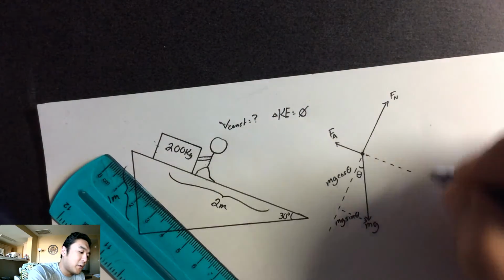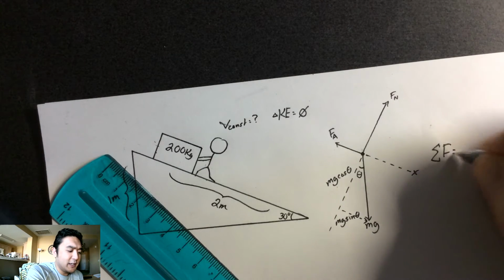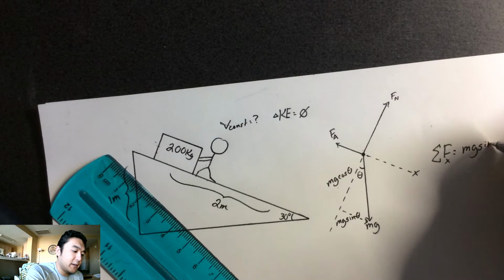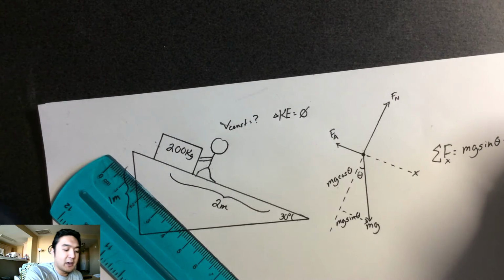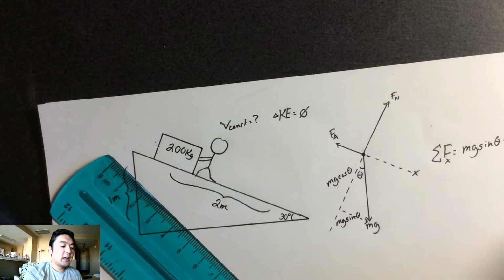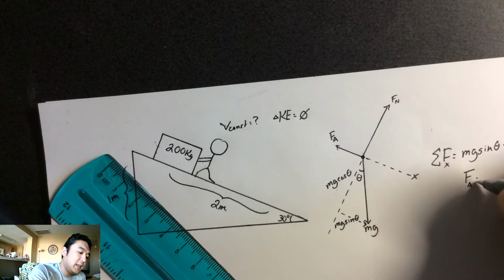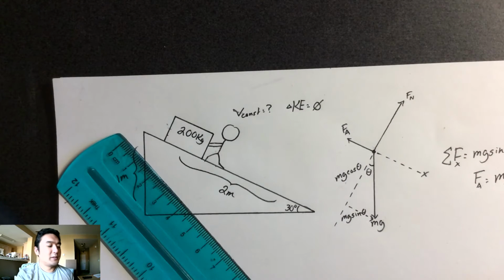So for our x direction, the sum of all forces is equal to mg sine theta minus the force applied by the guy, and that should equal 0 because I know I'm not accelerating in any direction. And by math, that says that the force applied is equal to mg sine theta. So we could have done that really fast, but I just wanted to write out all of the steps.